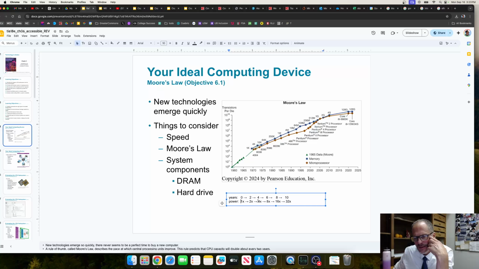So as computers become more powerful, the software that's written for them is written to take advantage of that power. So if your computer is 6 years old and current software is written to take advantage of something that could process at 8x, and your computer is processing at 1x, then just like real simple mathematics, this new software is going to ask your old computer to do stuff that new computers that are 8 times more powerful can do more easily.